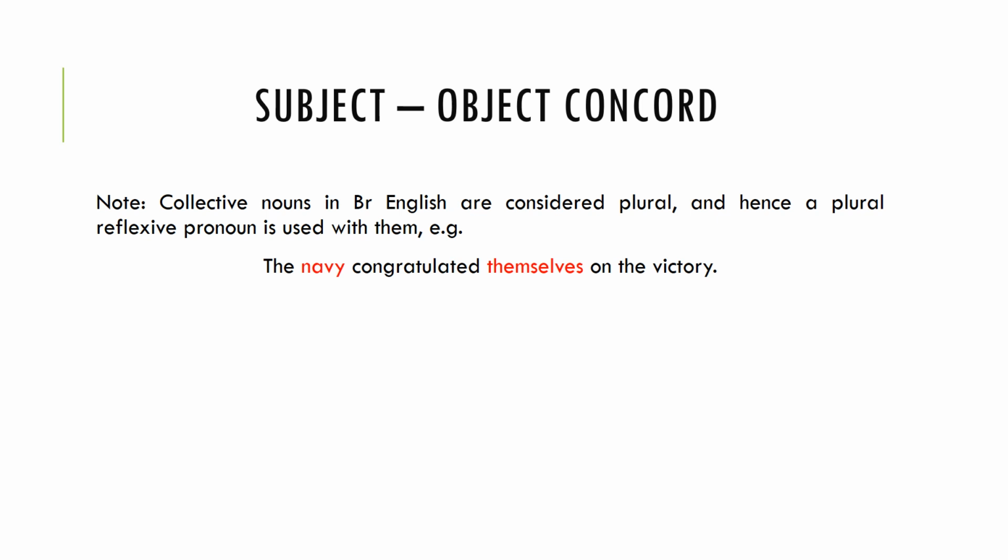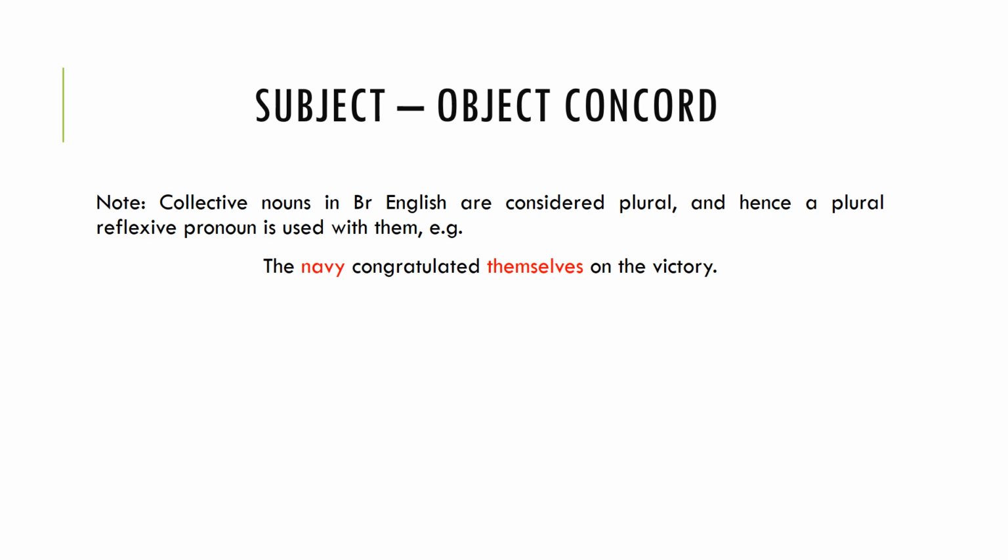For example, in British English, collective nouns are considered plural because, as we said, they depend on notional meaning, and according to meaning they are treated as plural. That's why when you use a reflexive pronoun that refers back to a collective noun in British English, you have to make sure that the reflexive pronoun is plural.